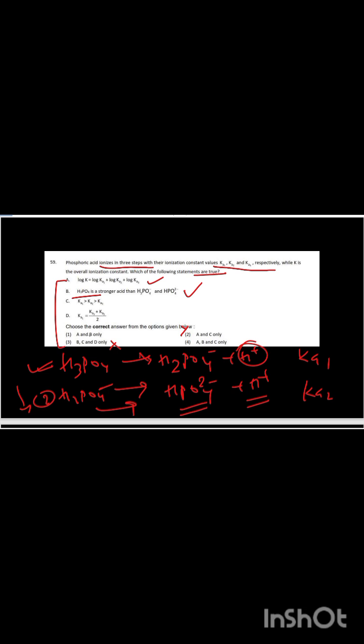Let's say option C, Ka1 is greater than Ka2 greater than Ka3. Option D is definitely not correct. Ka1 greater than Ka2 greater than Ka3, definitely. Option B and C are indirectly the same thing.